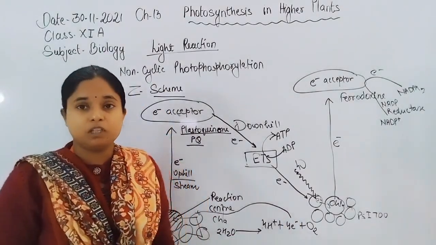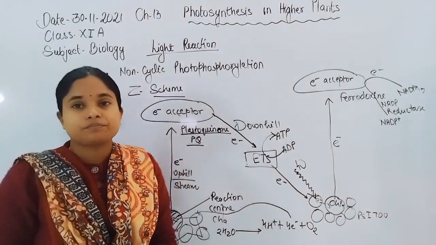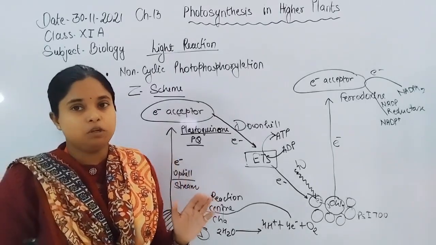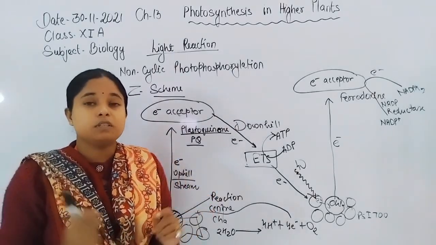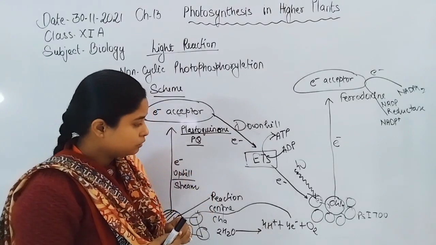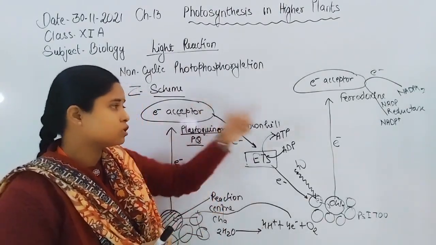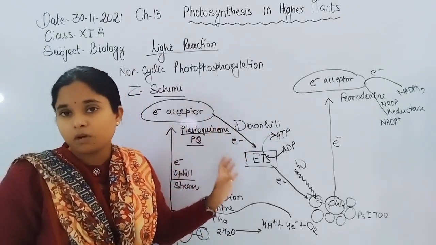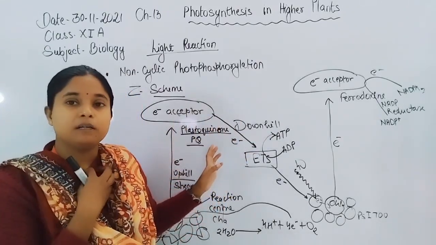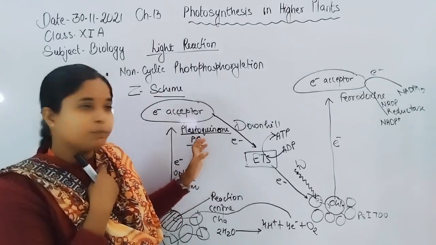Now let us discuss the chemiosmotic hypothesis. What is the chemiosmotic hypothesis? Why do we need it, and what is the role of the F0F1 particles? The thylakoid membrane also has the F0F1 particle for the synthesis of ATP molecule.